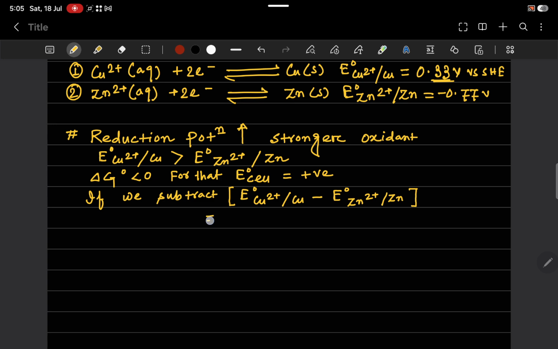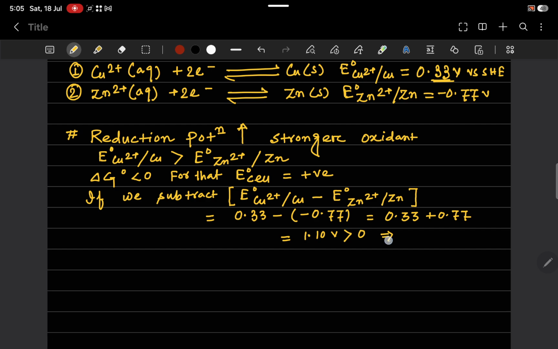That will be equal to 0.33 minus of minus 0.77, that is equal to 0.33 plus 0.77, that is equal to how much? 1.10 volt, which is greater than 0.